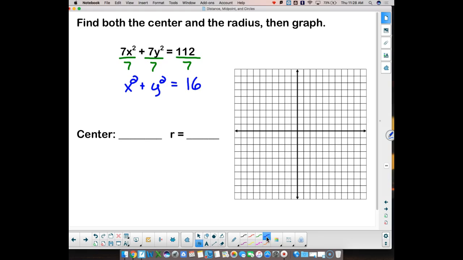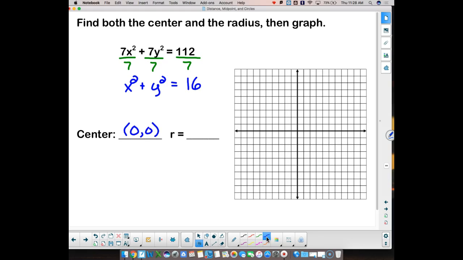So based upon that, where is the center of my circle? On the point of origin. So it's at 0, 0 because I'm adding or subtracting nothing inside this set of parentheses.